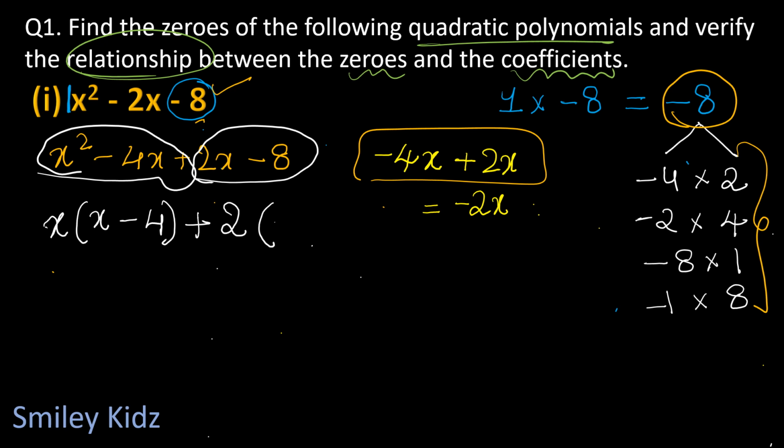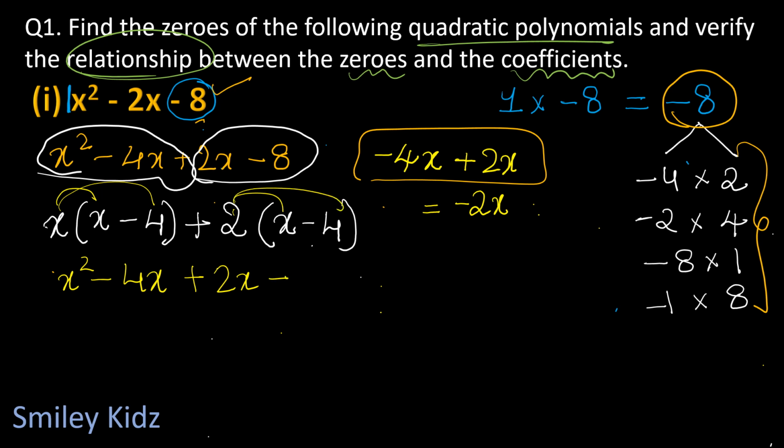And I'll be left with x minus 4 in the brackets. Have a look at this. x into x will be x square, minus x into 4 will be minus 4x, and then plus 2 into x will be 2x, and minus 2 into 4 will be minus 8. This is similar to this one, isn't it? So we have just taken out the common ones.